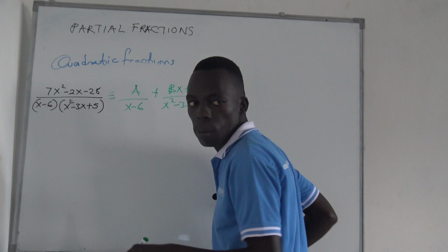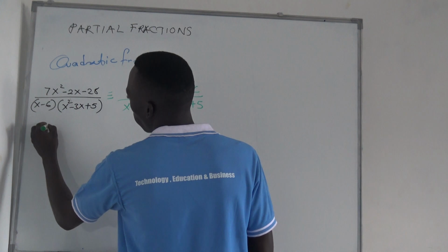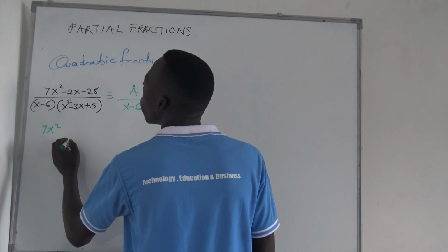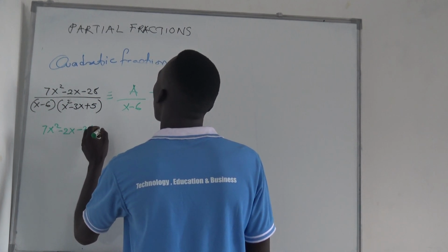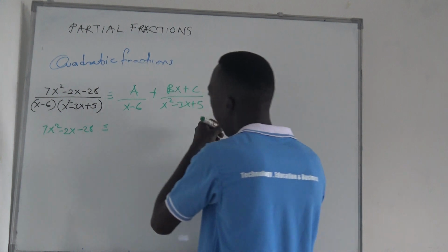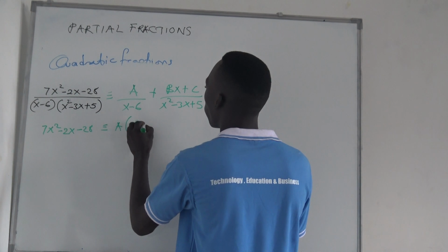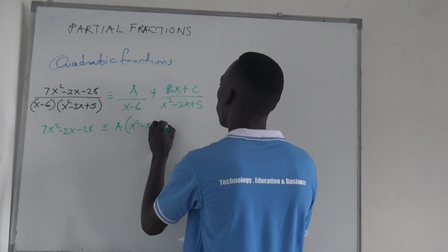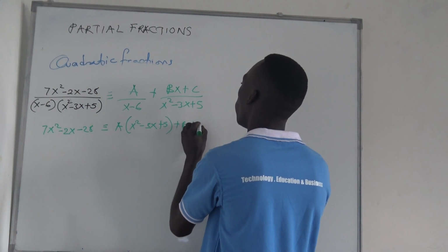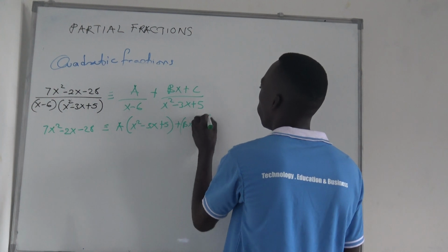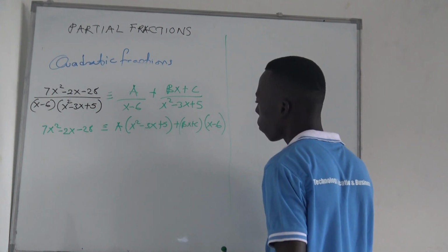From there we have to get the LCM, then multiply through. Then we shall have 7x squared minus 2x minus 28 is equivalent to A times x squared minus 3x plus 5, plus Bx plus C times x minus 6. So that is what we have.